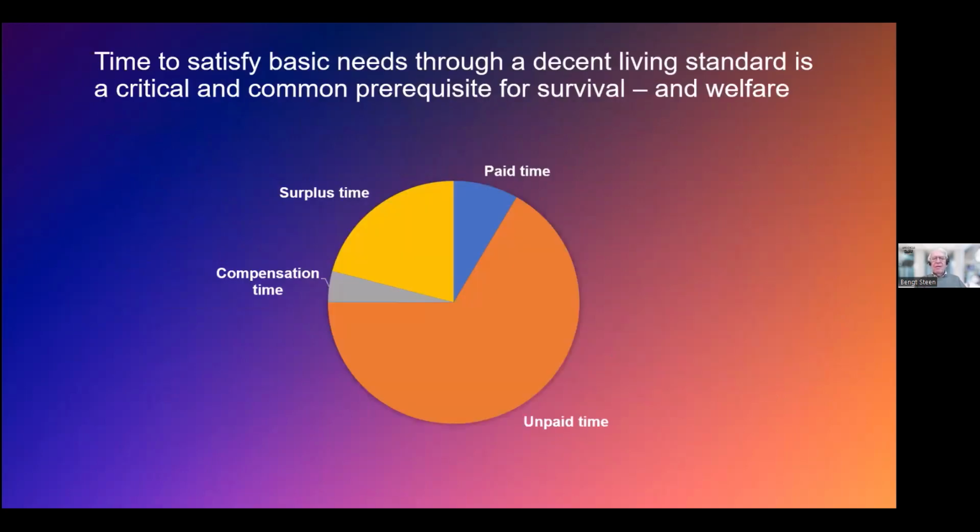This single indicator would be the yellow part: the time to satisfy basic needs through a decent living standard. It's such a critical common prerequisite for survival and welfare. That is the time you have left when you have done the necessary things of the day, the surplus time that you can use for education or whatever.